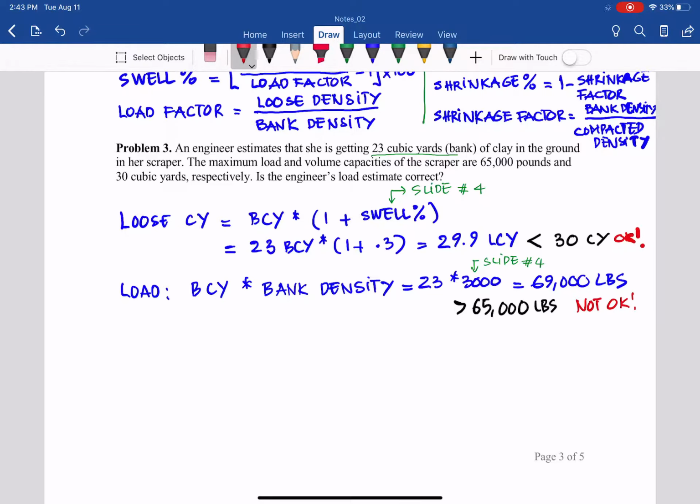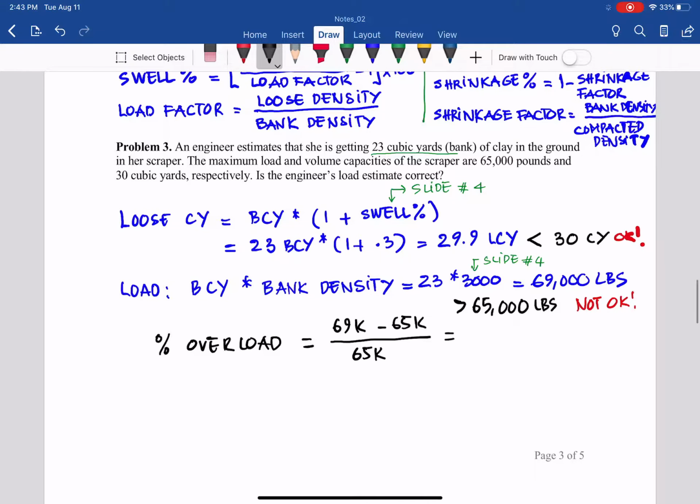It's overloaded. How much overloaded you can figure out: the percent of overload equals 69,000 minus the 65,000 capacity, divided by 65,000. So it is about 6% overload.